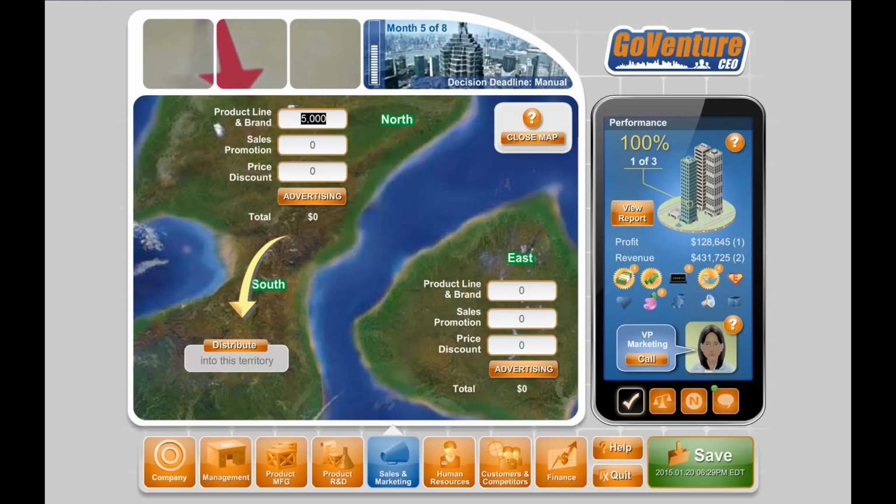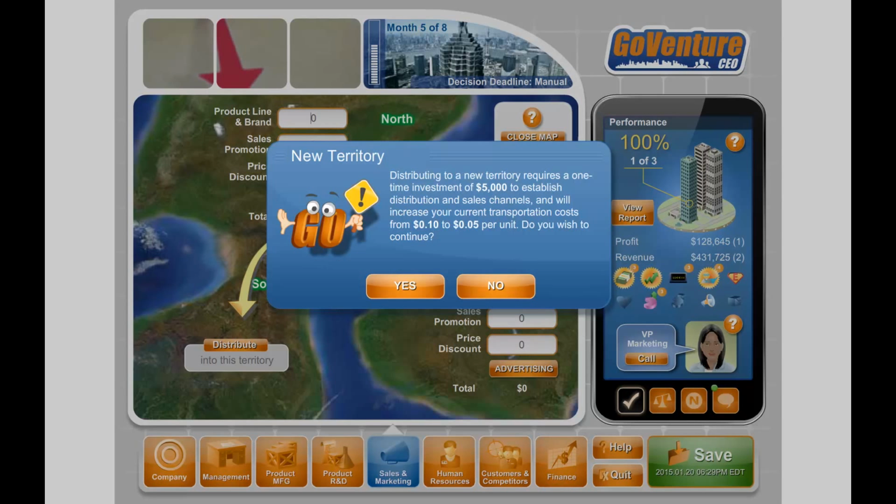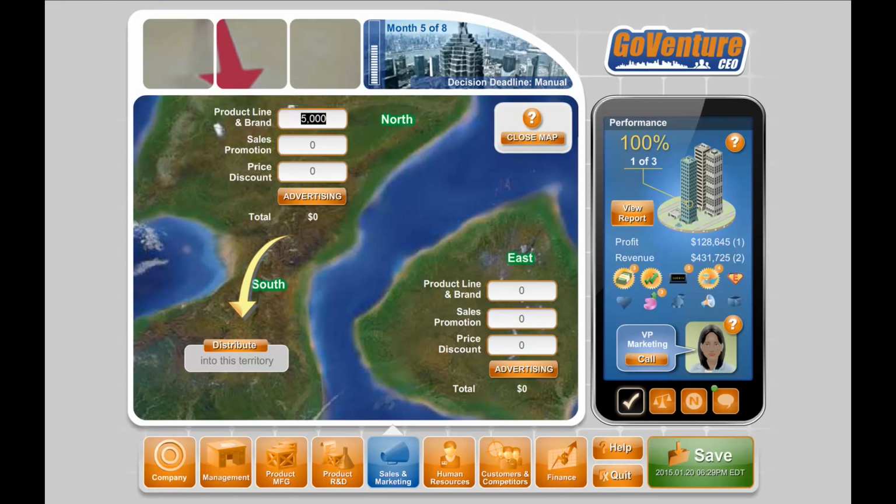If your simulation has more than the one territory, you have the option to enter the other territories at any time. Doing so enables you to make sales in those territories, but it may also increase your costs. In each territory that you are selling into, you have to identify how much investment you are going to make in product line and brand advertising, sales promotion, and price discount advertising.